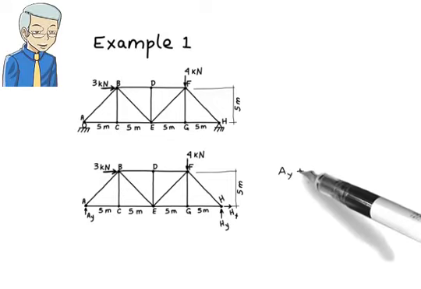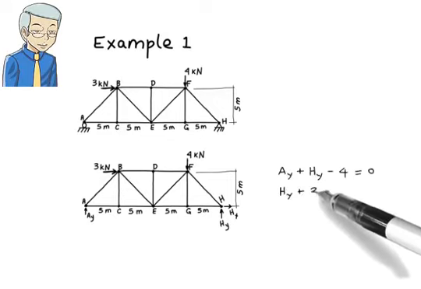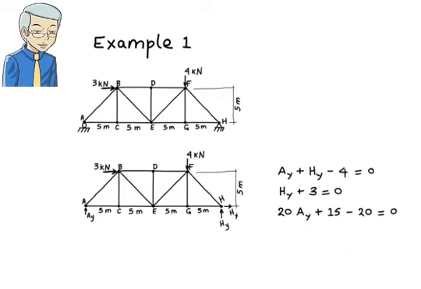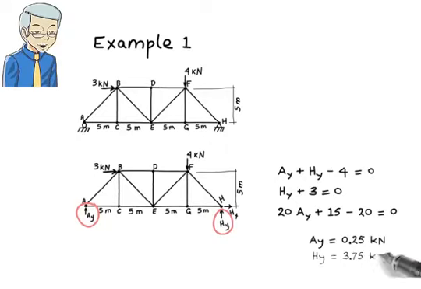Here are the equations. We have three equations and three unknowns. Solving the equations for the unknown reactions, we get Ay equals 0.25 kilonewton, Hy equals 3.75 kilonewtons, Hx equals -3 kilonewtons.